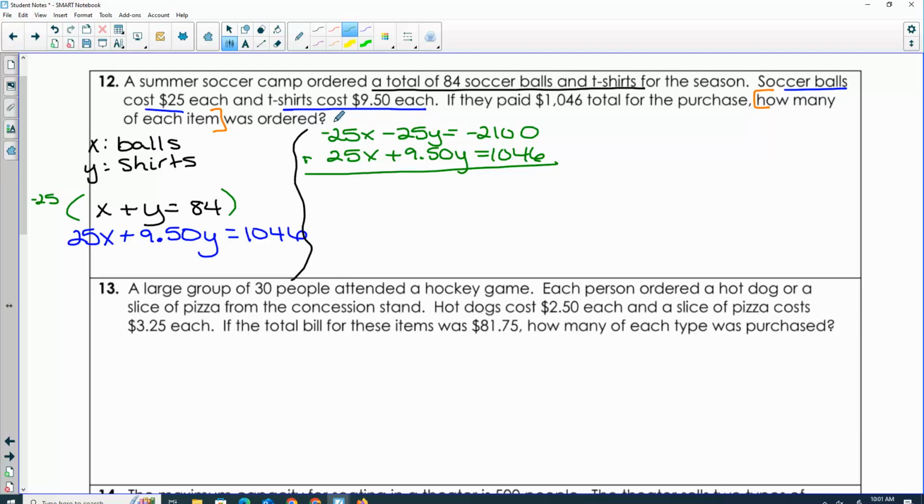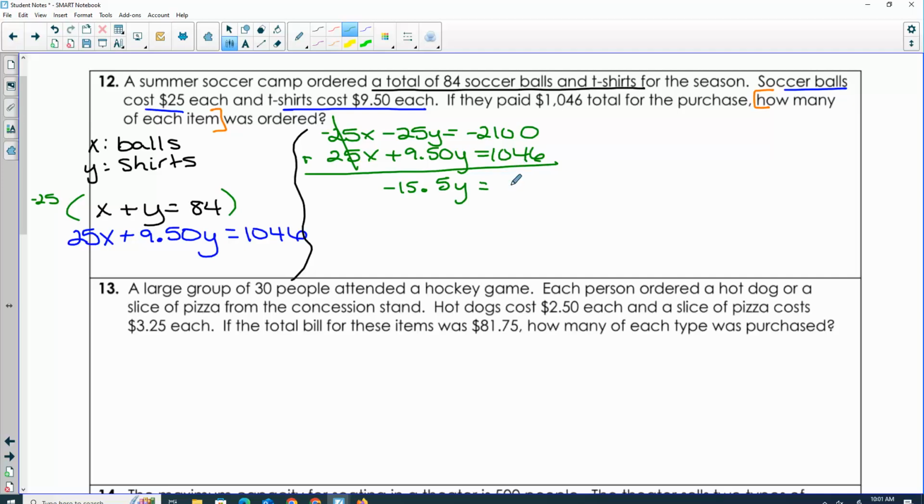Negative 25x and positive 25x cancel. With my y's, we have negative 25 plus 9.50, so that gives me a negative 15.5y.